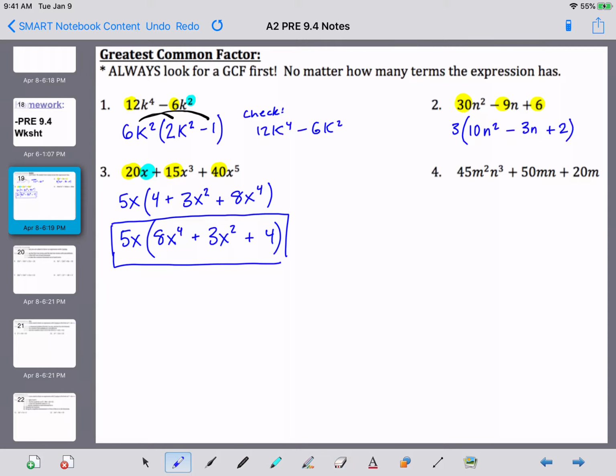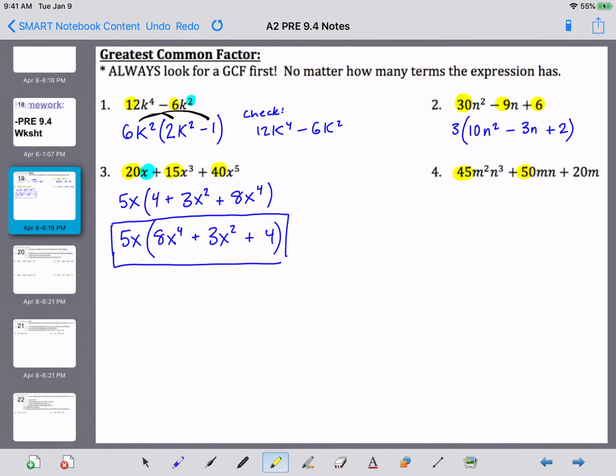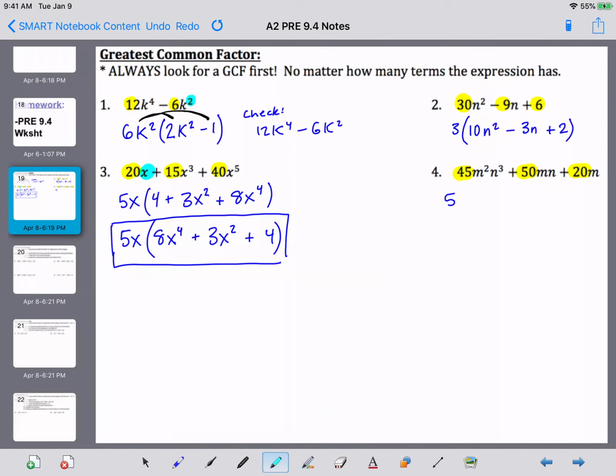All right, and then the last one in this group, let's check our numbers here. We have 45, 50, and 20, which are all divisible by 5. And in this example, we actually have 2 variables, so we need to check each one separately. I notice that each term has at least an m in it, so I know I can take out an m.